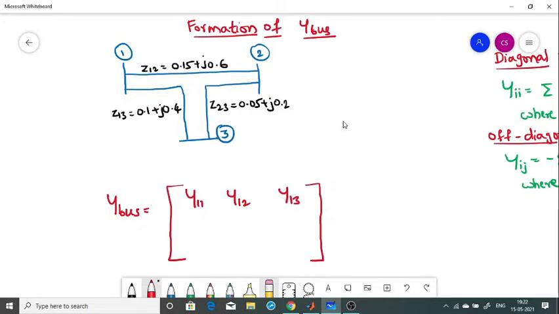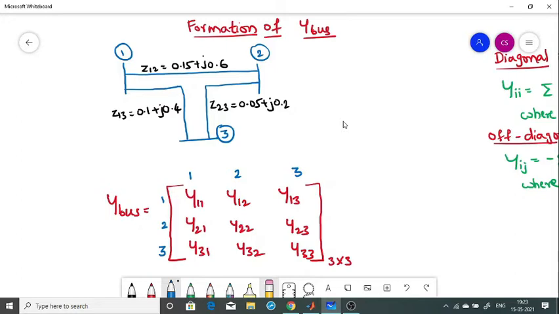If it consisted of two buses, it would be a 2x2 system. The rows are bus numbers 1, 2, 3, and the columns are also bus numbers 1, 2, 3.